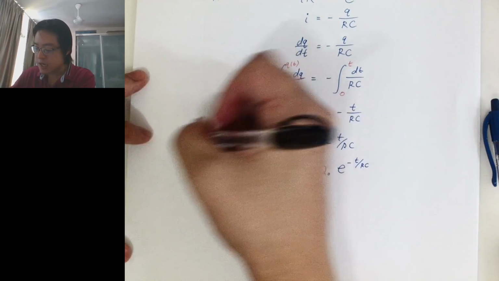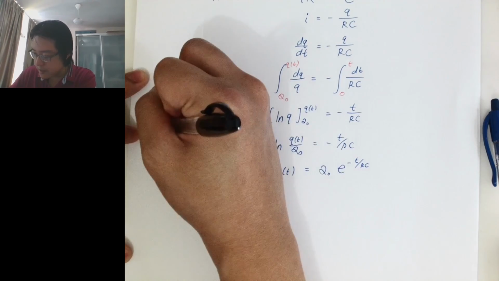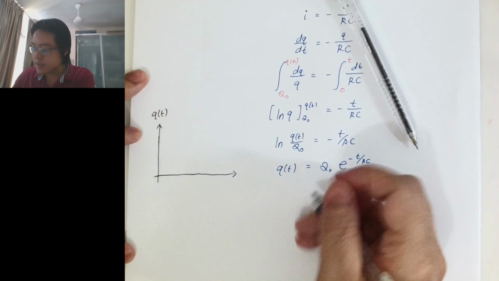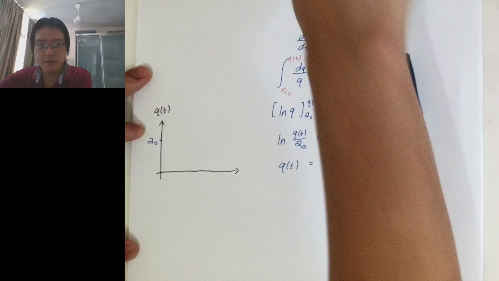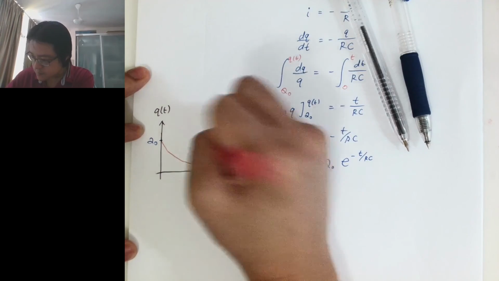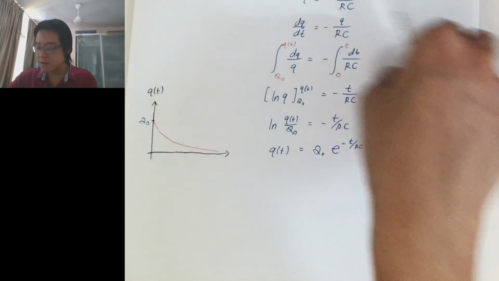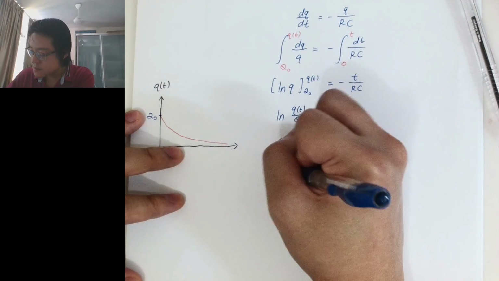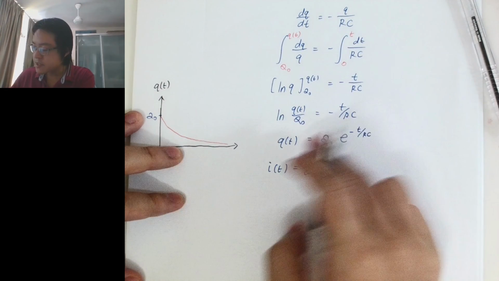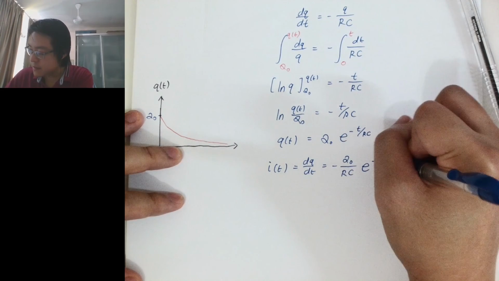If you draw the graph, it is going to look like this. How does it change over time? This is the graph of q. At time 0 it is initially Q0, and it will be an exponential decay, like this. But what happens to the current, right? Current is dq/dt. If I differentiate this, then I get minus Q0 over RC e to the minus t over RC.